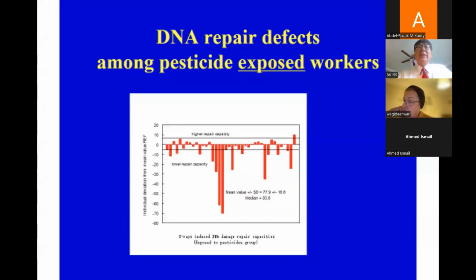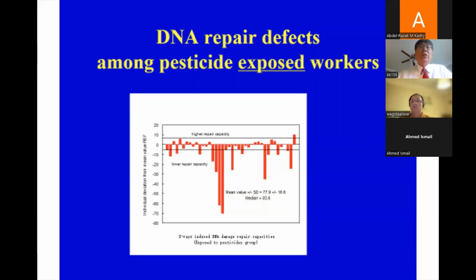You can see from this slide, most of the workers have worse repair compared to the normal population. There is some variation, but most of them have less. And maybe one of them has better repair than the normal range. But that is very unusual. Maybe that one is very efficient in detoxifying pesticide. Well, it's good to know.